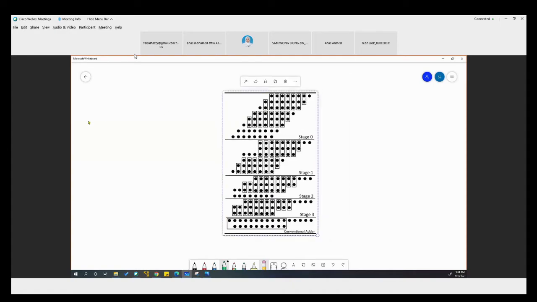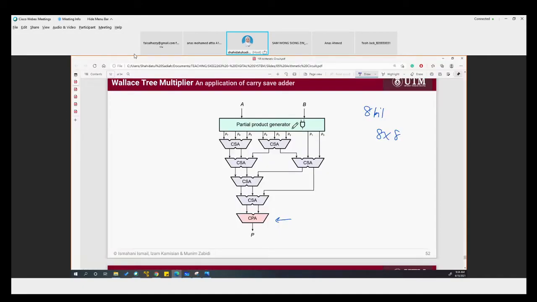Great, I'm back. So I just want to show you, it's not important in the test. I think the slide just wants to introduce you to the Wallace tree multiplier. What the Wallace tree multiplier does is it has the partial product generator, which generates P0 until P7.